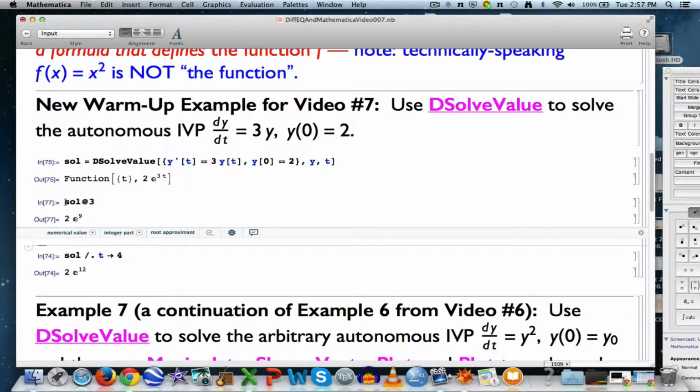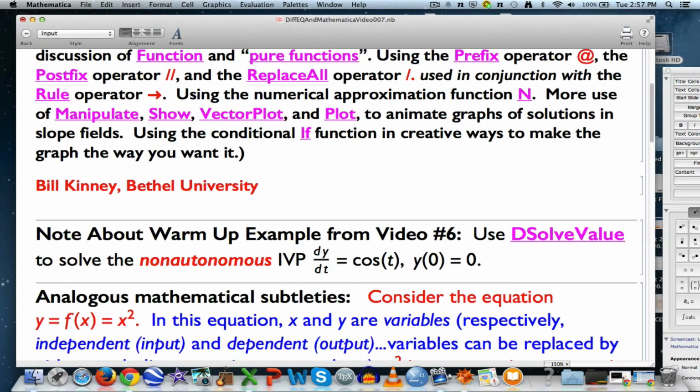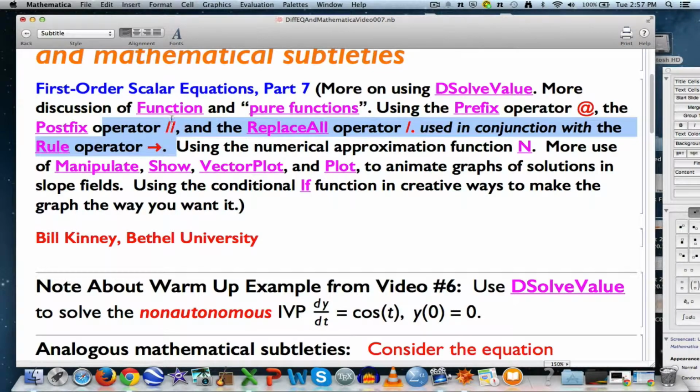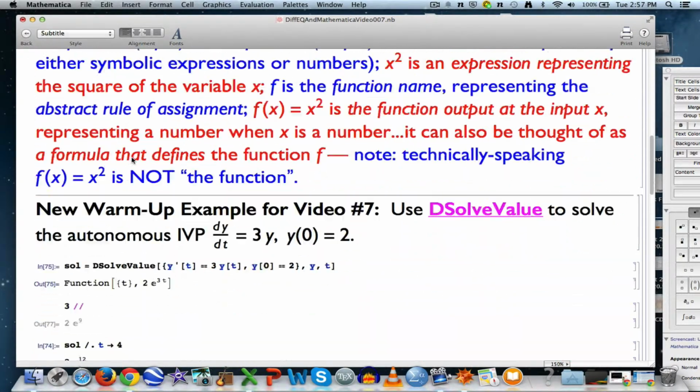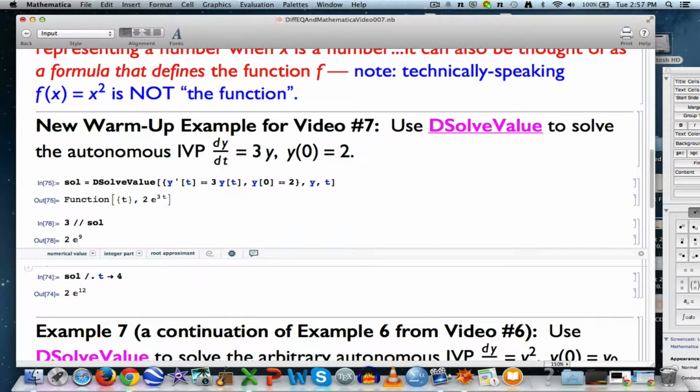So that's a prefix operator, this at symbol, because it goes in front of the thing I'm operating on, prefix. You can also use a postfix operator, slash slash, right there. So I can go 3 slash slash sol and get the same thing.